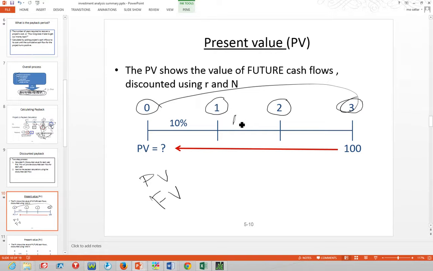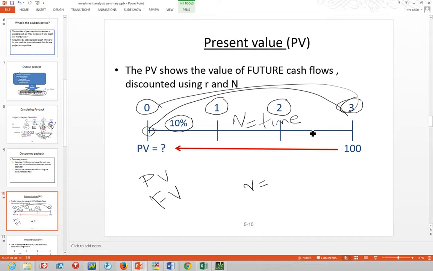The relationship between present value and future value has 2 things. One is N, which is the time. And the second one is R, which means that if we put the money here and grow it at R, in this case 10%, how much will it be in the future?